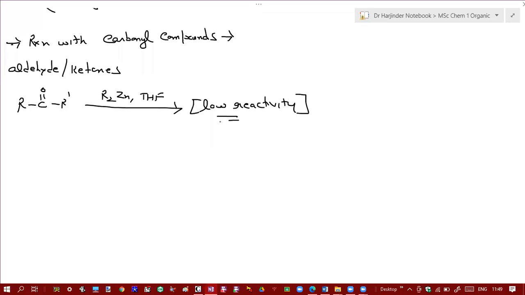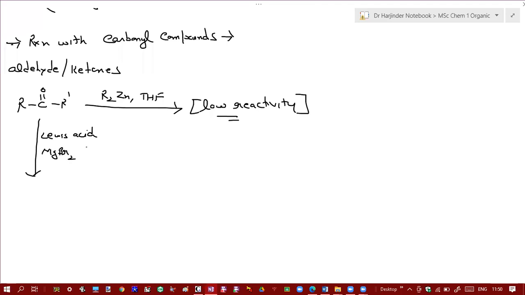Yes, if we increase the electrophilicity of carbon, the reaction can take place. And how can we do that? By adding a Lewis acid in the reaction, like magnesium bromide.